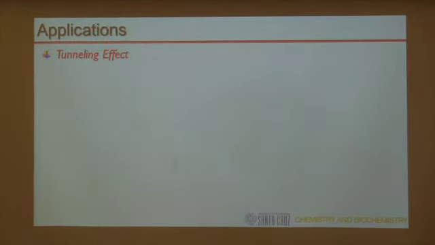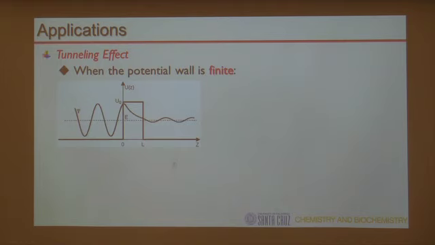Another application is the tunneling effect. Let me just give you a brief idea; you don't need to really understand this. When the potential wall is not infinitely high, but has finite height, something interesting happens: the electrons cannot be confined within the box. They can leak through the wall to the outside.